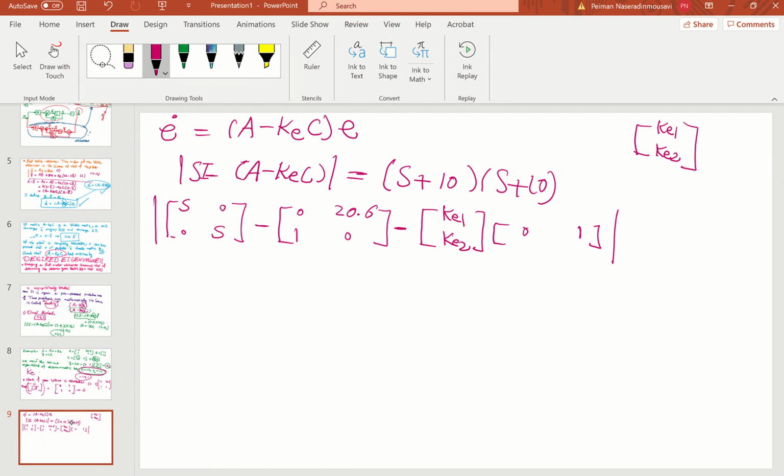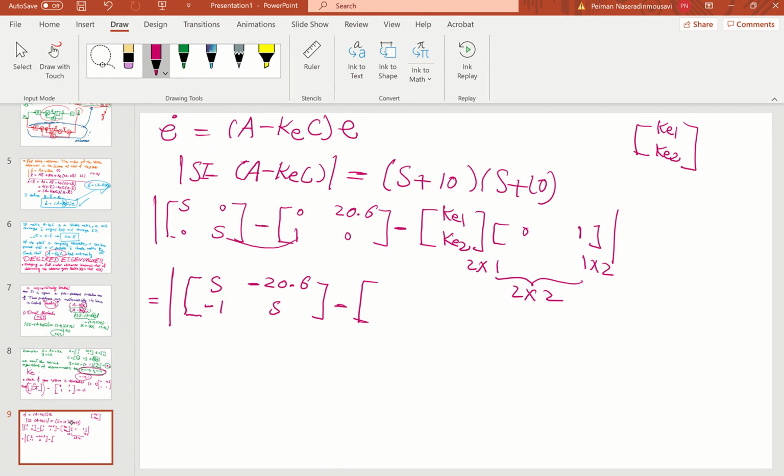This is 2 by 1, this is 1 by 2, and the result is going to be 2 by 2. So again, subtracting this one, it is s, minus 1, minus 20.6, and s.